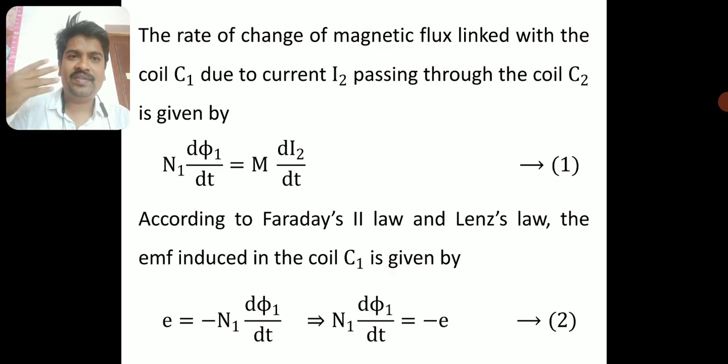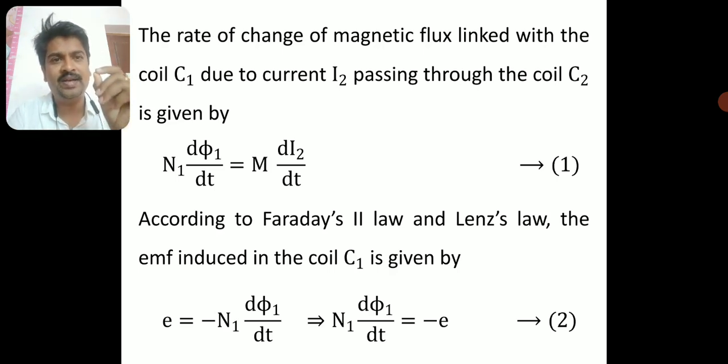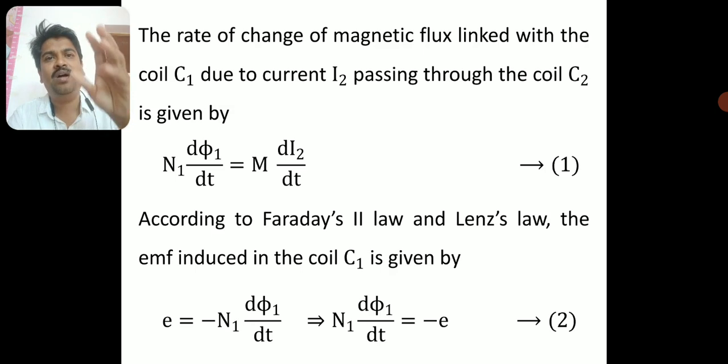I know Faraday's second law as well as Lenz's law. Faraday's second law tells you that the EMF induced in a coil C1 is equal to the rate of change of magnetic flux. So E is equal to N1 into d phi1 by dt. Please make a note here, I am putting the negative sign. This negative sign clearly indicates that the induced EMF is opposite to the change in the magnetic flux, because it is governed by Lenz's law.